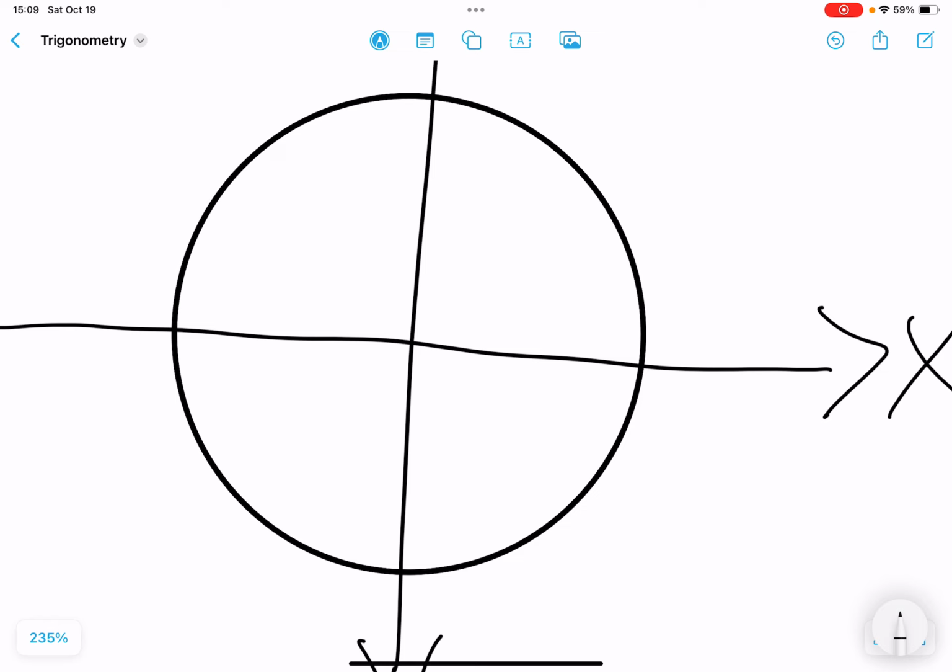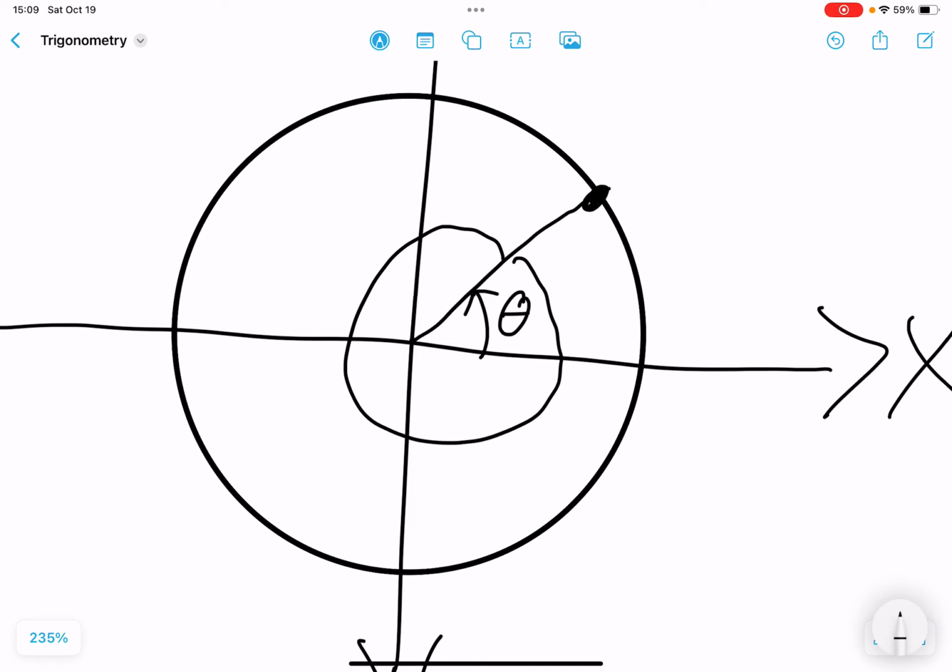Now why is this true? Because notice that if I have any angle here, let's say this is my theta, and I add 2 pi radians to this, what I'm doing is adding this much. So I end up with the same line over here and the same coordinates. So the sine, cosine values and even tangent values are still the same.